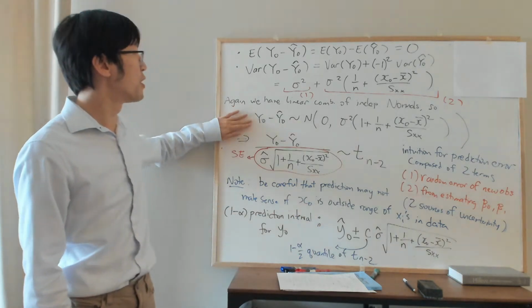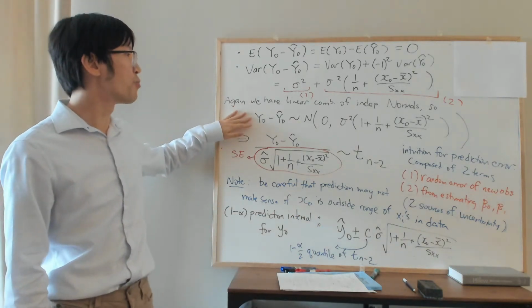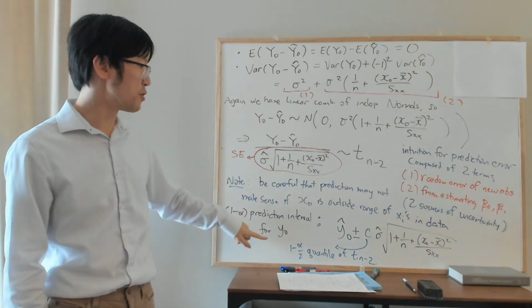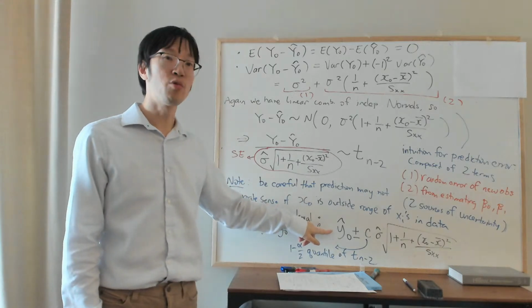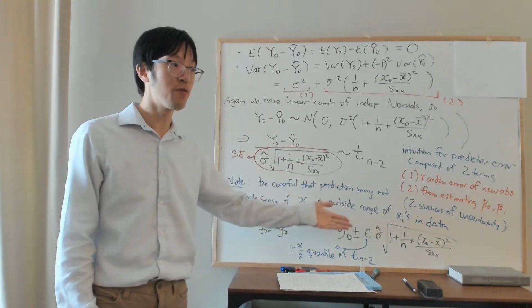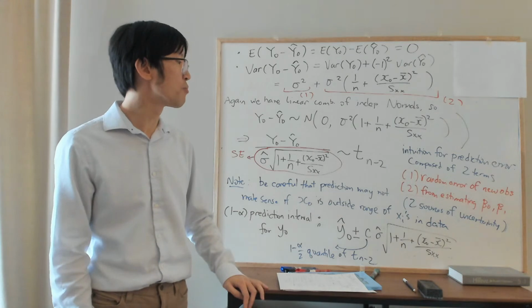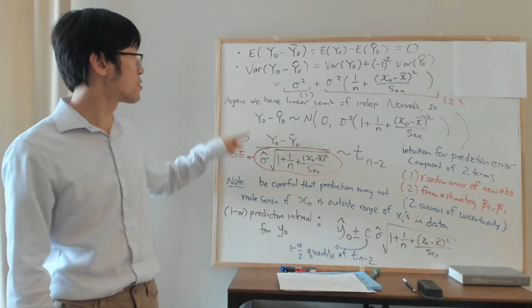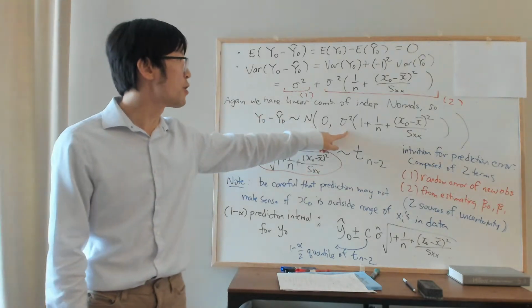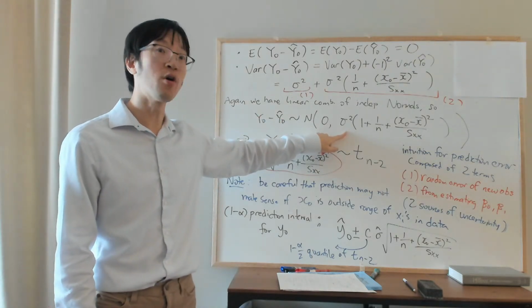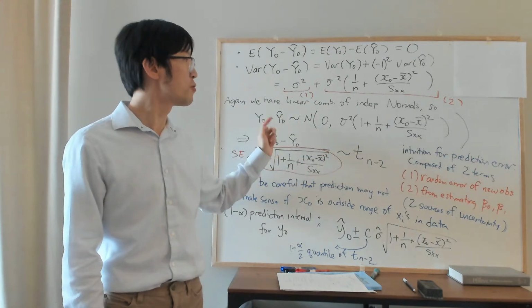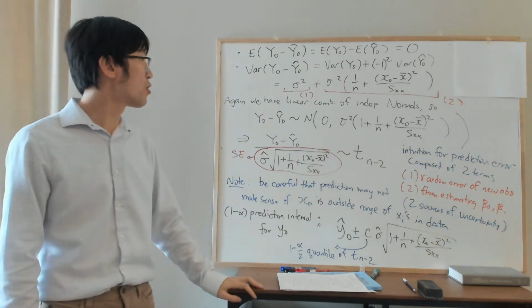We derived the distribution for that, and then from that we used the normal theory to get our t-distribution, and then construct a prediction interval for this new value of y, using the standard error of our predictor.